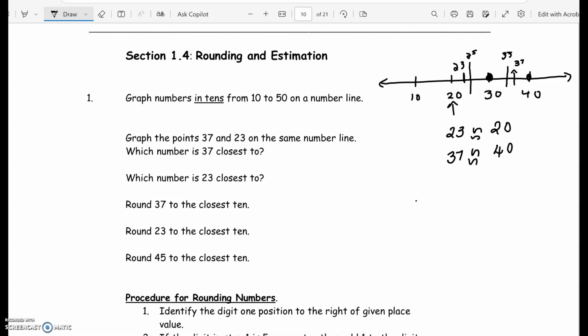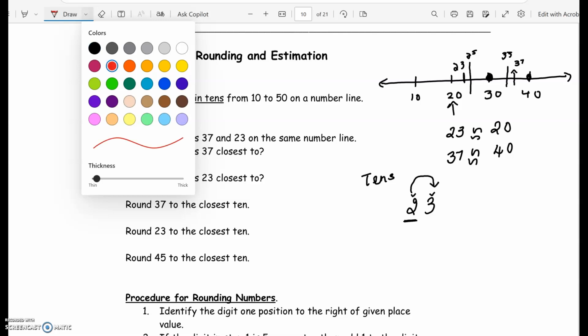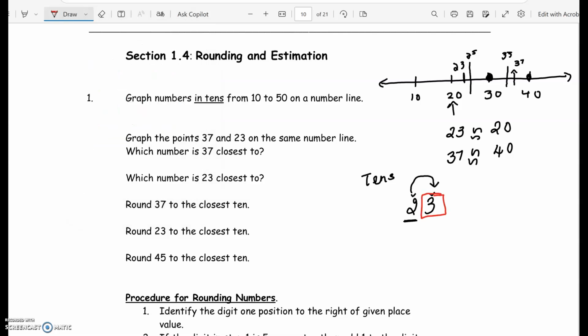Now suppose we follow a process. You probably have done this before. If I say round to the tens place, first, identify the tens place. This is the ones and this is the tens. So underline that. That's your tens place. Look one place value to the right. This number here is going to tell us whether to round up or round down.